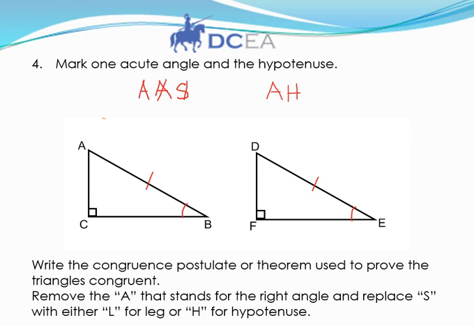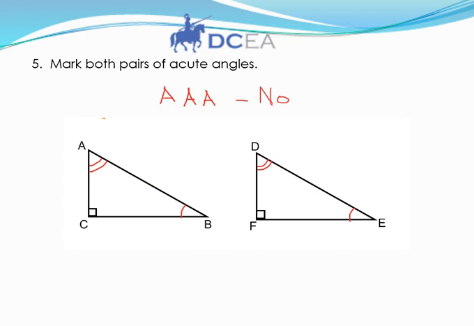For your fourth set of triangles, we had angle, angle, side. This time the side is actually the hypotenuse. So we cross out the right angle and the side, and we end up with the acute angle and the hypotenuse, which your book calls HA. So AAS becomes HA.